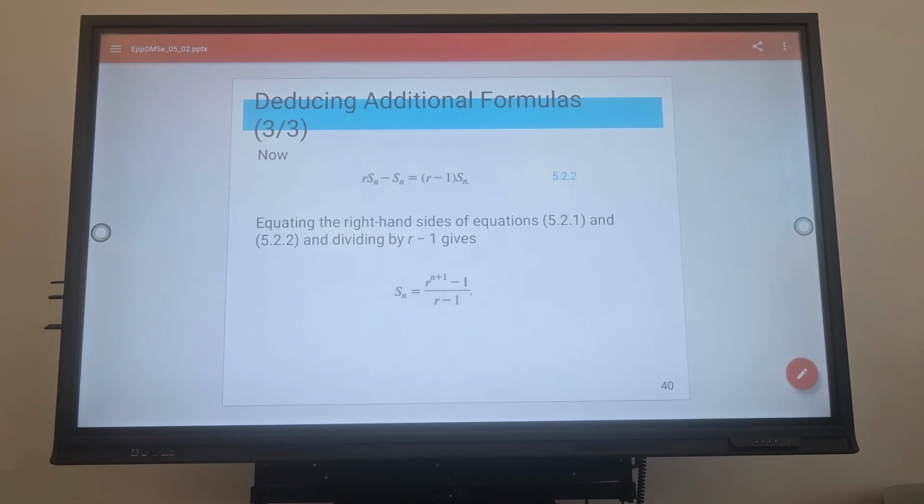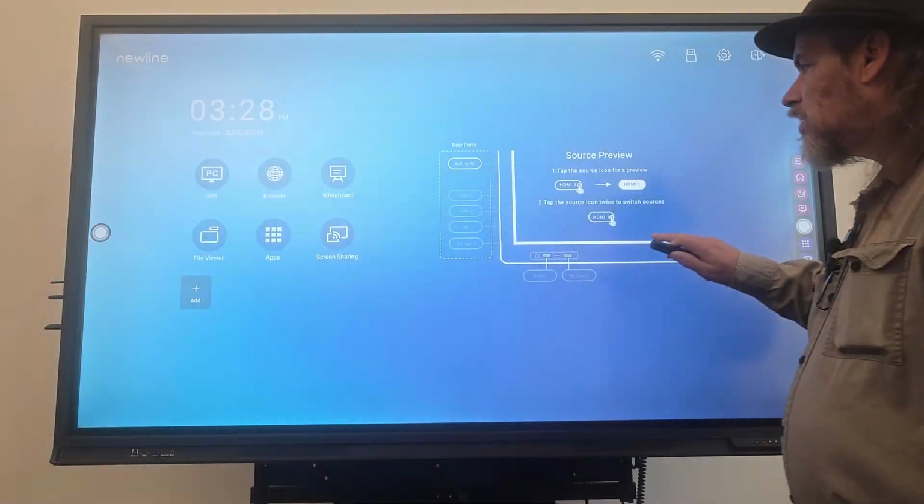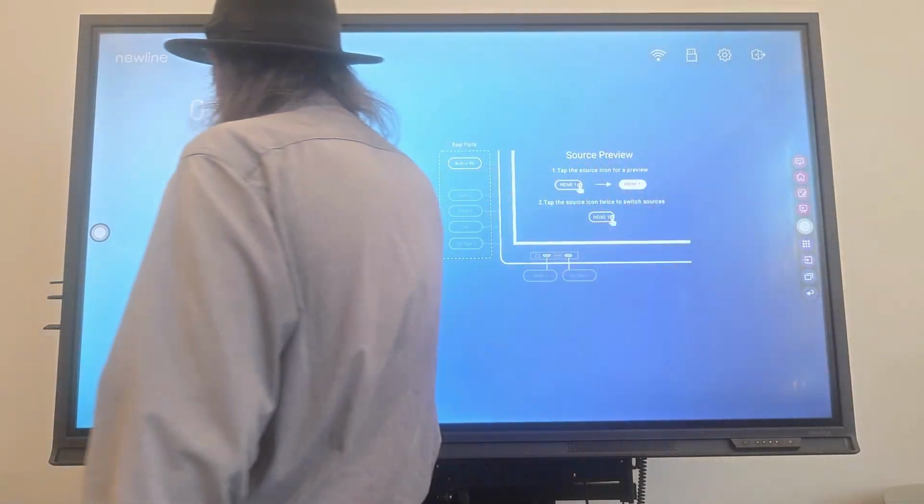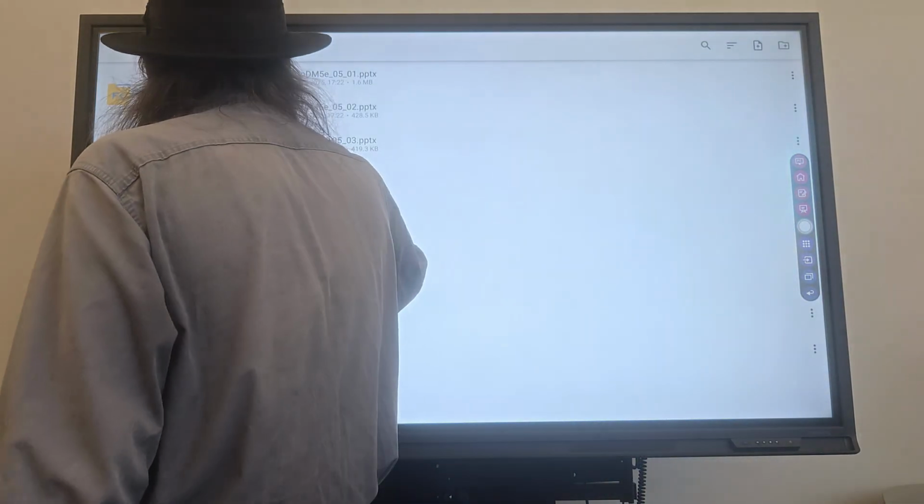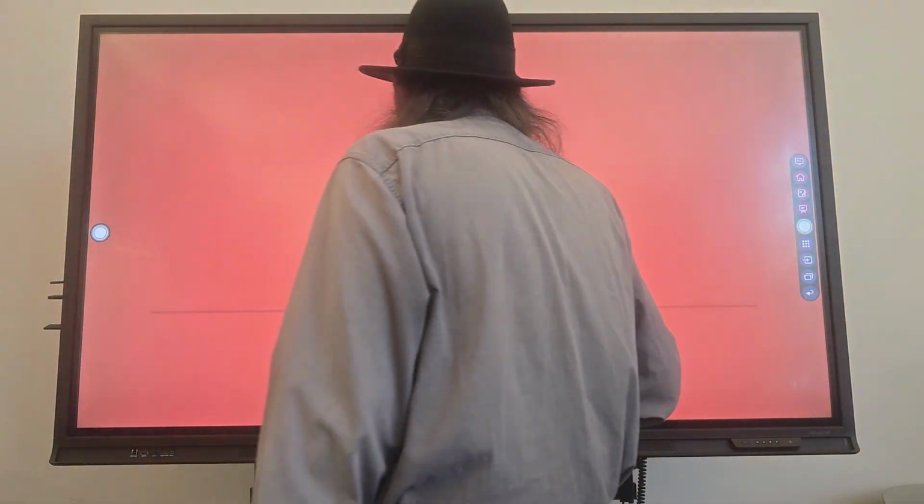Equating the right-hand sides of the equation and dividing by r minus 1, you get S sub n equals r to the n plus 1 minus 1 all over r minus 1. And that is it for that section. All right.